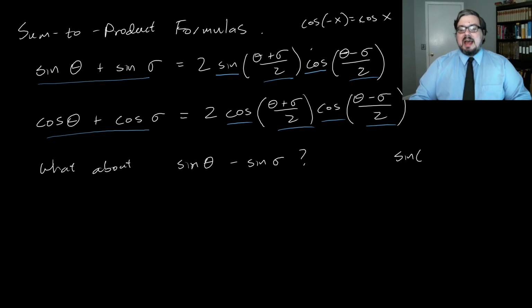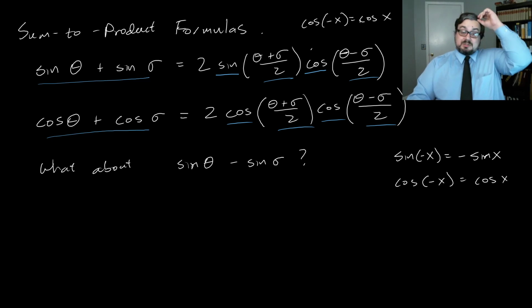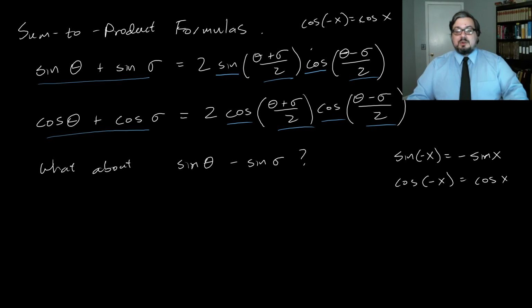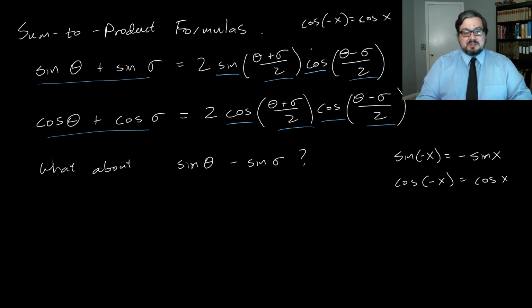So what we have is that sine of negative x is always equal to negative sine of x, and we have that cosine of negative x is always equal to cosine of x. So this is going to allow us to take sine theta minus sine sigma and handle things directly using this formula.